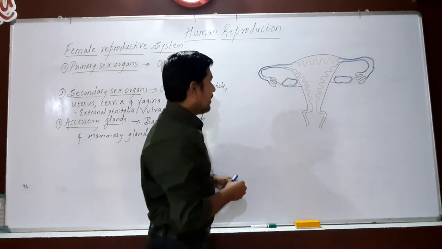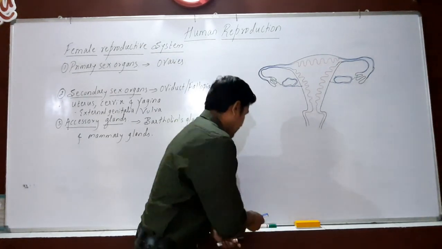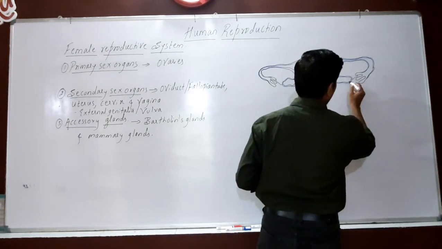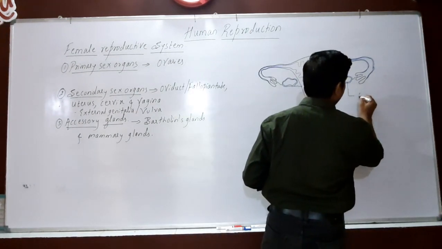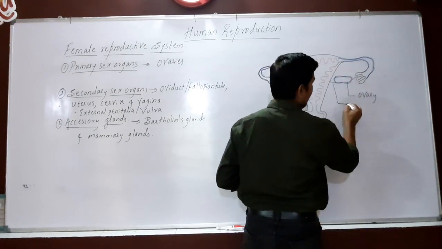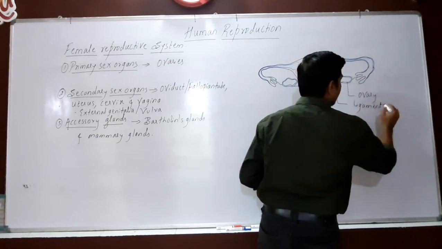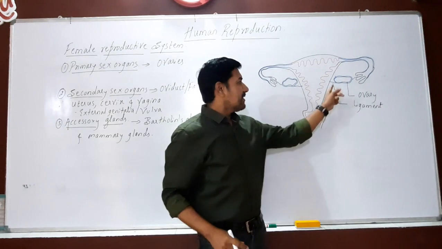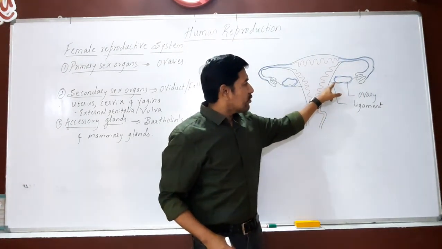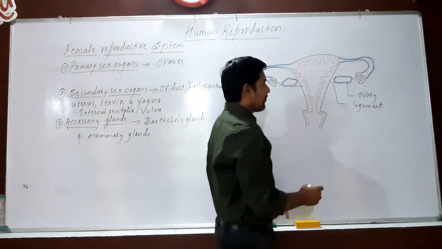Okay. Now if we look at these structures, let's look at the labelings here. This is the ovary, and here we find the ligament. Ligament is a structure that holds the ovary, where the ovary joins to the outer part of the uterus.